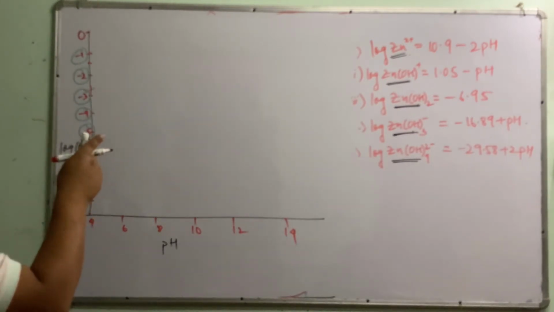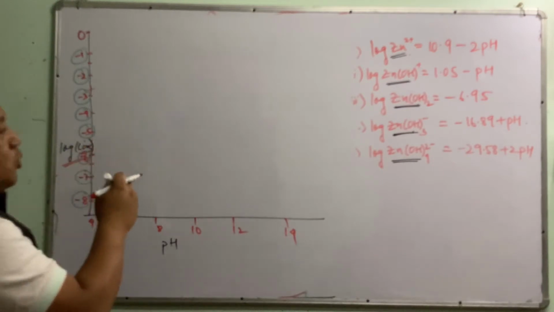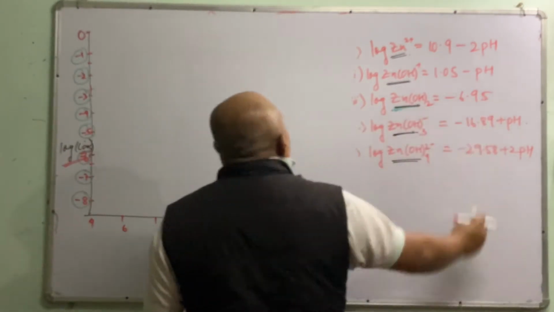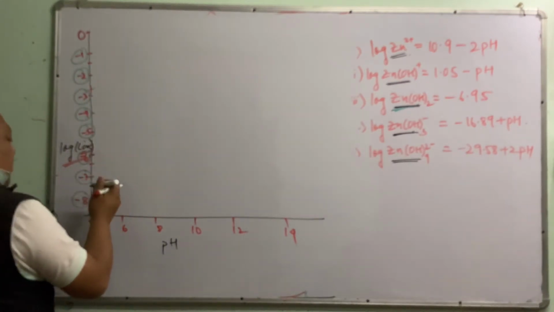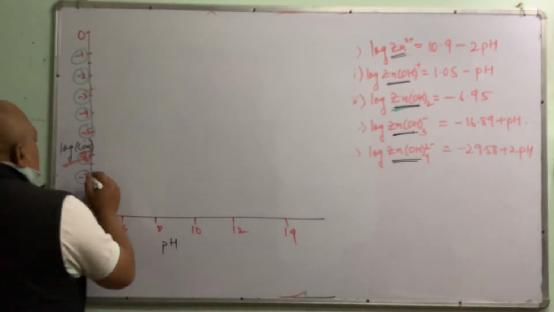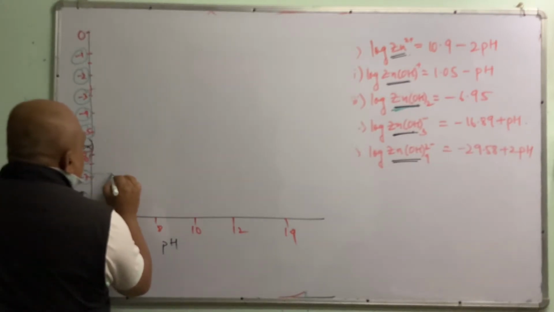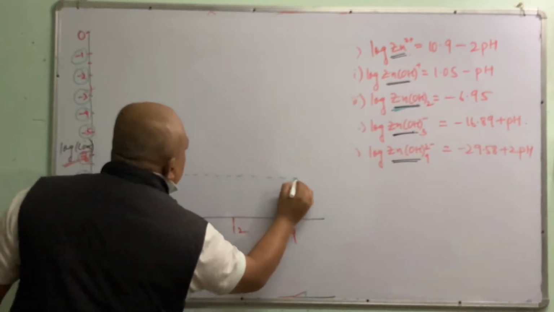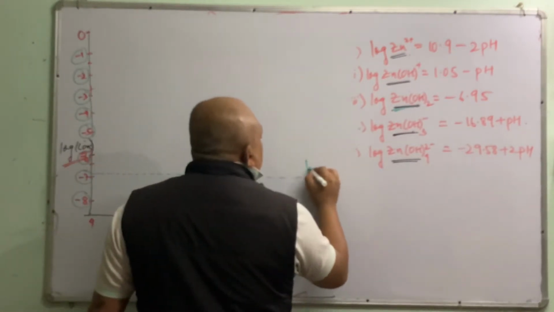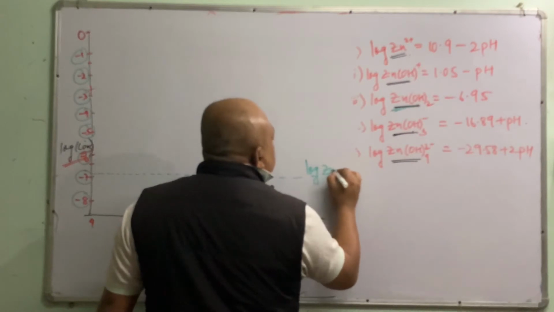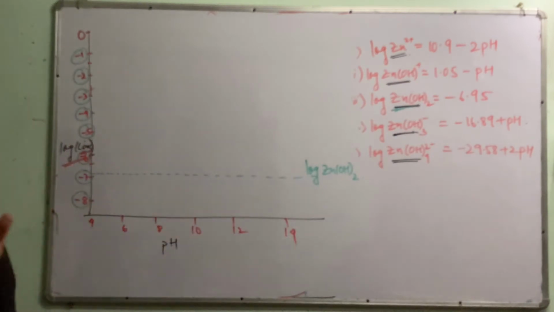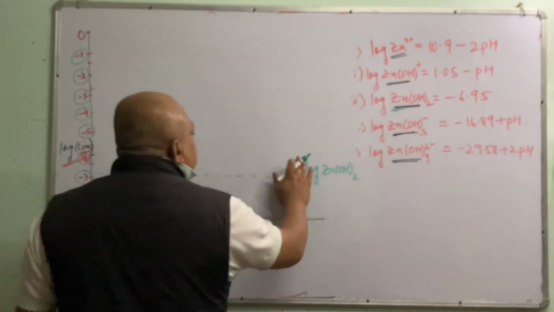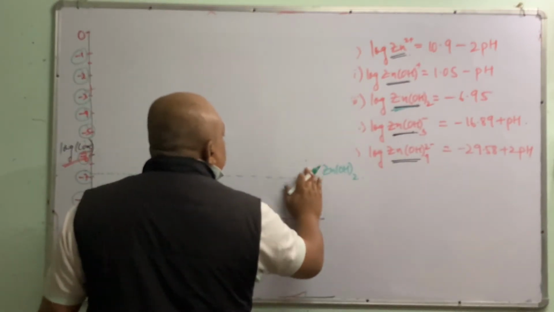So for Zn(OH)2, this one, it is minus 6.95. This is minus 7, so the graph will be minus 6.95, meaning it will be here. This is the log of Zn(OH)2. This is constant irrespective of any pH. Correct? This is one. Or simply you can say this is the graph of the Zn(OH)2 species.